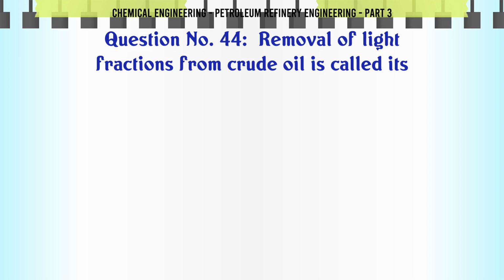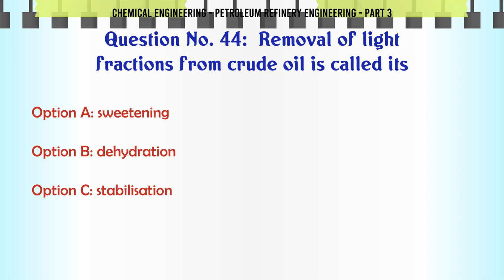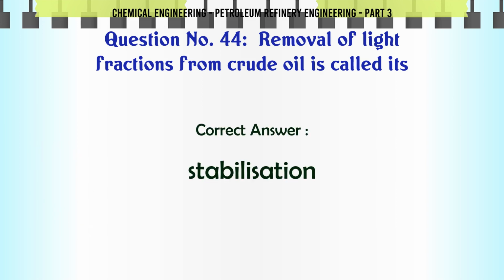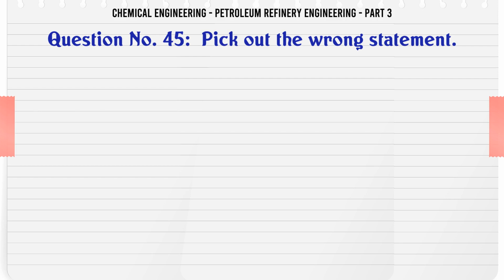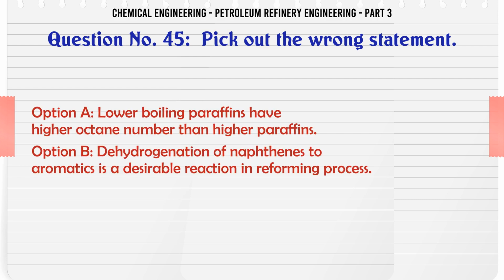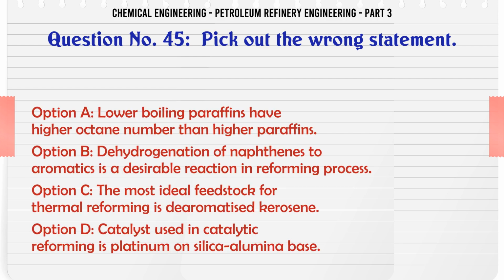Removal of light fractions from crude oil is called its A. sweetening, B. dehydration, C. stabilization, D. visbreaking. The correct answer is stabilization. Pick out the wrong statement. A. Lower boiling paraffins have higher octane number than higher paraffins.